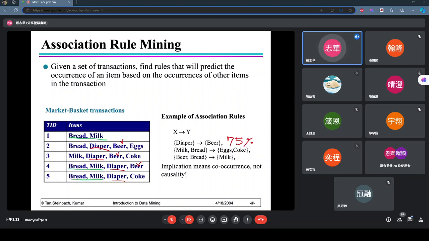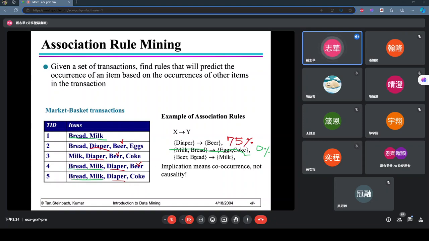No, egg and Coke didn't happen. So this is 0. The confidence of this rule is 0. Egg and Coke did not happen, so it's 0.